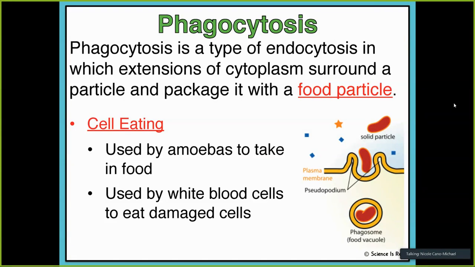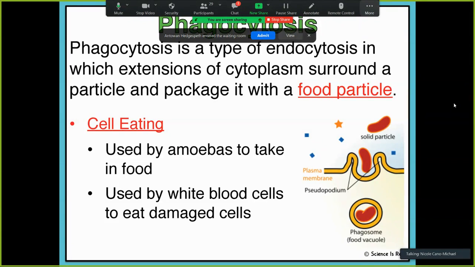I'm not trying to be gross, but that pus is a bunch of white blood cells that have swallowed up bacteria that tried to get into your body. And because it's so engorged, because it ate too much, kind of like when you eat too much Thanksgiving dinner, your belly gets full. When your white blood cells eat too many bacteria, they swell up.